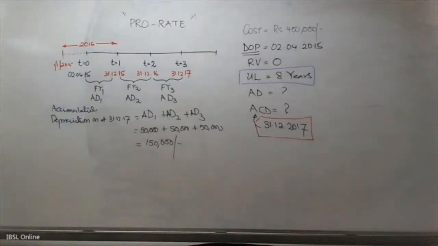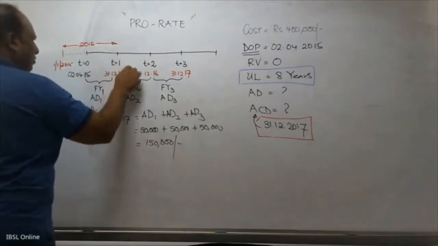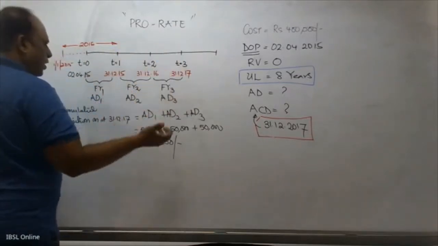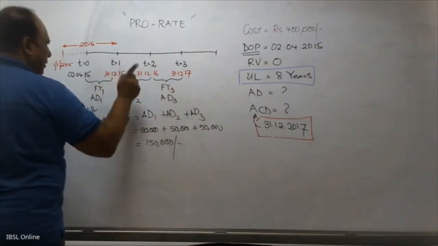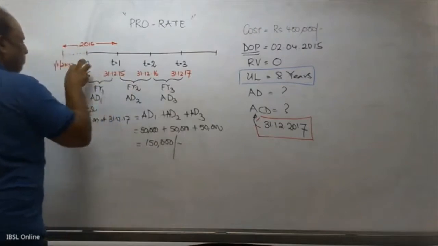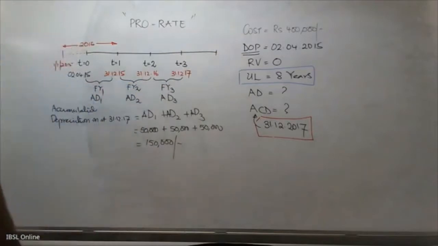Then, very, very important is how you apply this method for depreciation in the year of purchase and maybe in the year of disposal. Because in between there won't be an issue. Here you have 12 months, here you have 12 months. So according to the principles, you talk about an annual depreciation. But when it comes to the year of purchase and maybe the year of disposal, now this asset is going to go on like this.